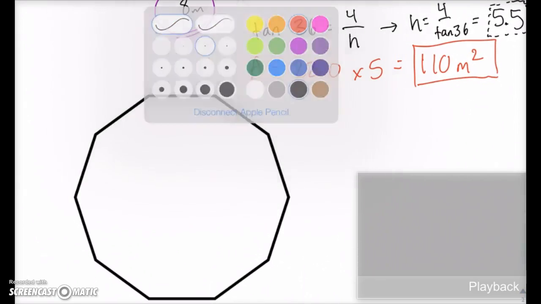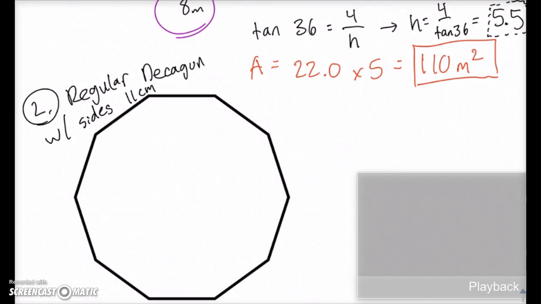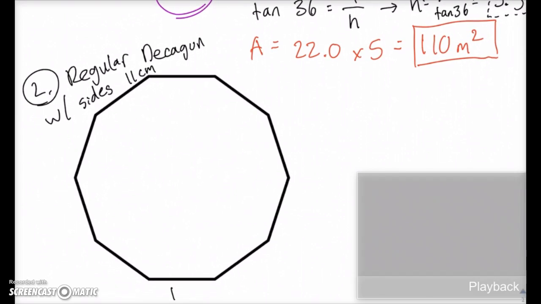For example 2 right here, I'm going to have you guys do it on your own. This is a regular decagon with sides of 11 centimeters. Each side is 11 centimeters.